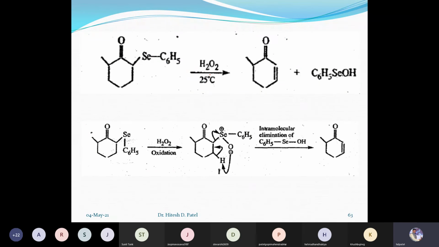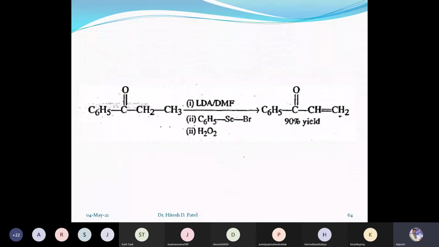This compound, by further treatment with H2O2, loses this group, and we will get a double bond over here. How it works is explained here, but right now it is not important for the discussion regarding LDA, so I am not going to discuss it, but for your reference it is mentioned here.